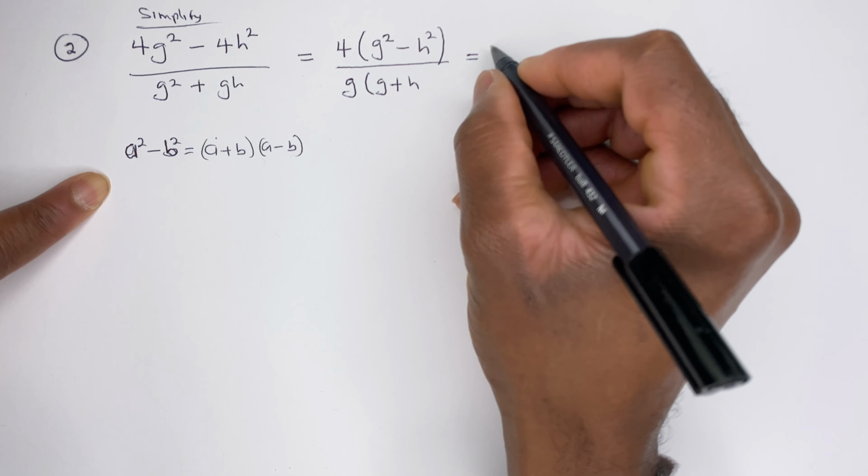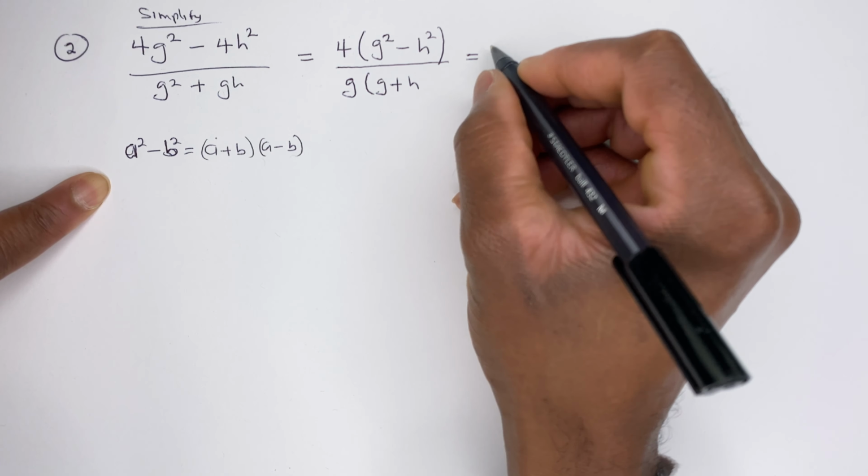So I could do 4, draw the line there, open bracket, g plus h, g minus h. And then I've got g into bracket g plus h at the bottom.